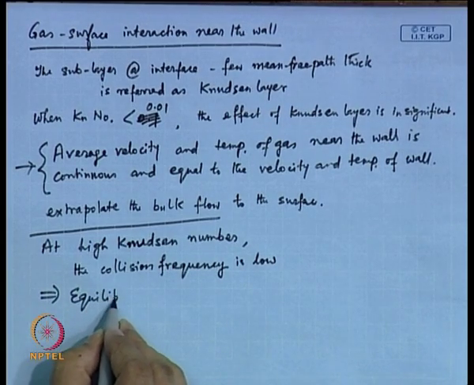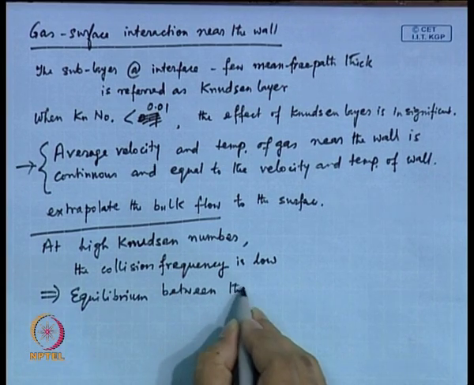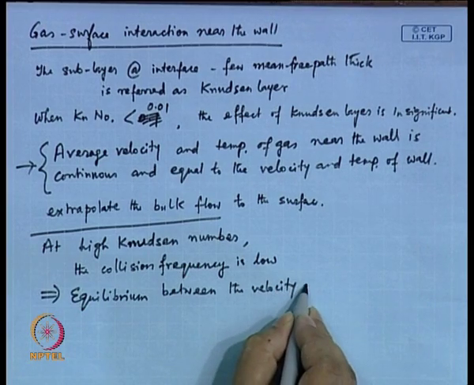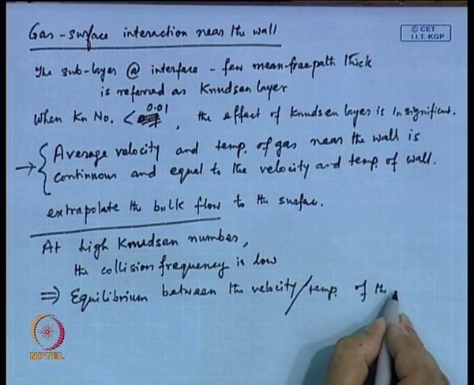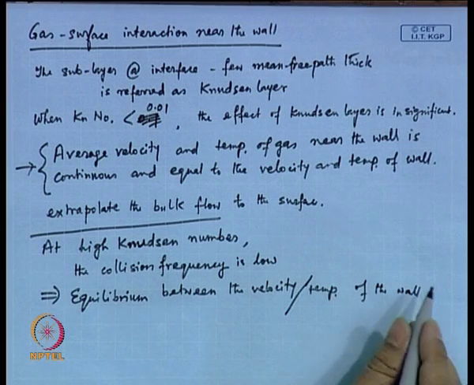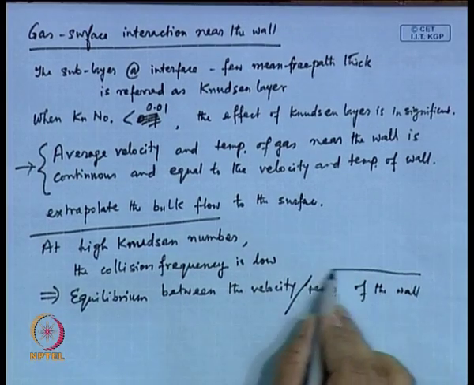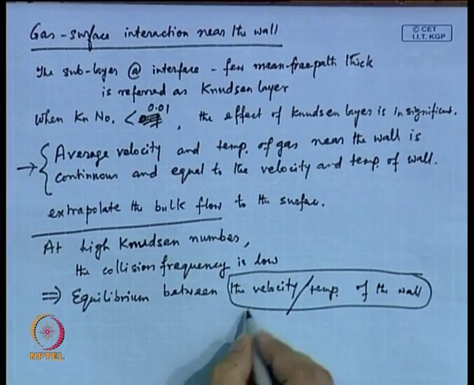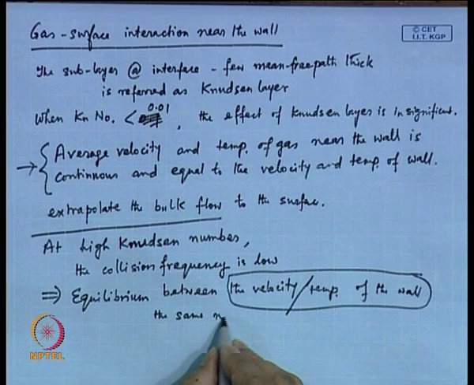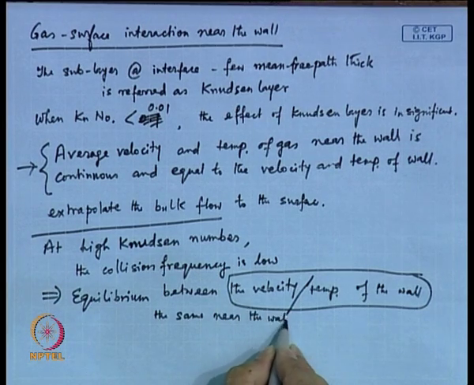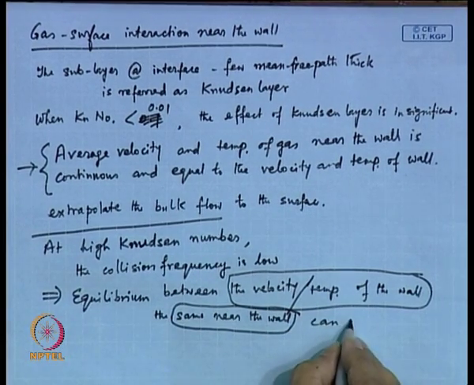equilibrium between the velocity or temperature of the wall, equilibrium between this quantity, the velocity and temperature of the wall, and the same near the wall, cannot be established.